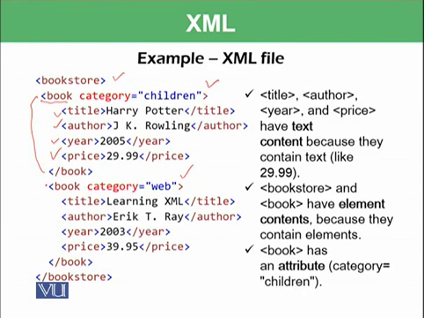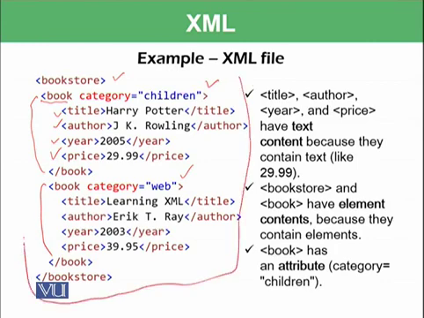And then there is another record of another book that has certain other elements. However, you can see that when you read this XML code, you very easily understand that this information is representing some books, and those have certain elements as title, author, year and price.